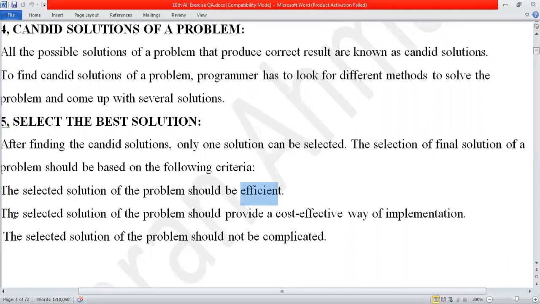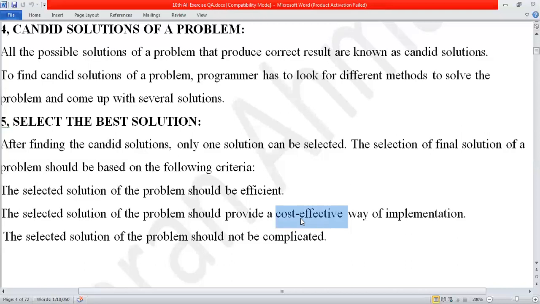Next, the selected solution of the problem should provide a cost-effective way of implementation. Cost-effective, it will give you benefit, not a loss. So it should be effective for both parties.